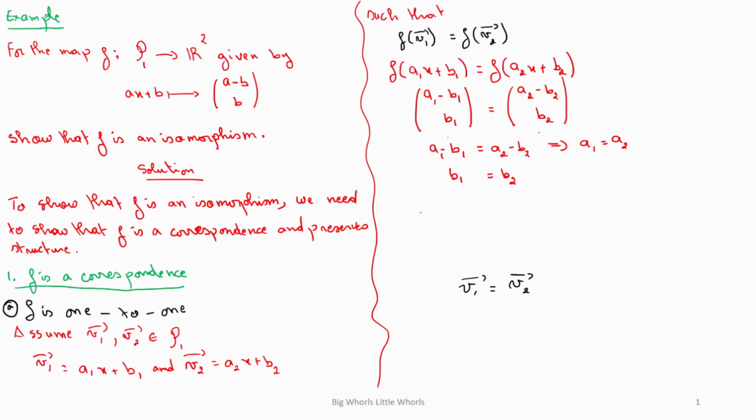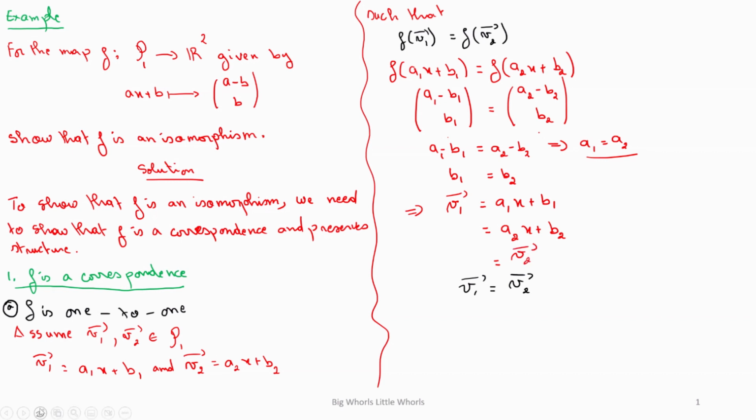That means my vector V1, which is equal to A1 x plus B1, can be written, replacing A1 with A2 and B1 with B2, as A2 x plus B2. So what does it mean? It means that V1 equals V2.